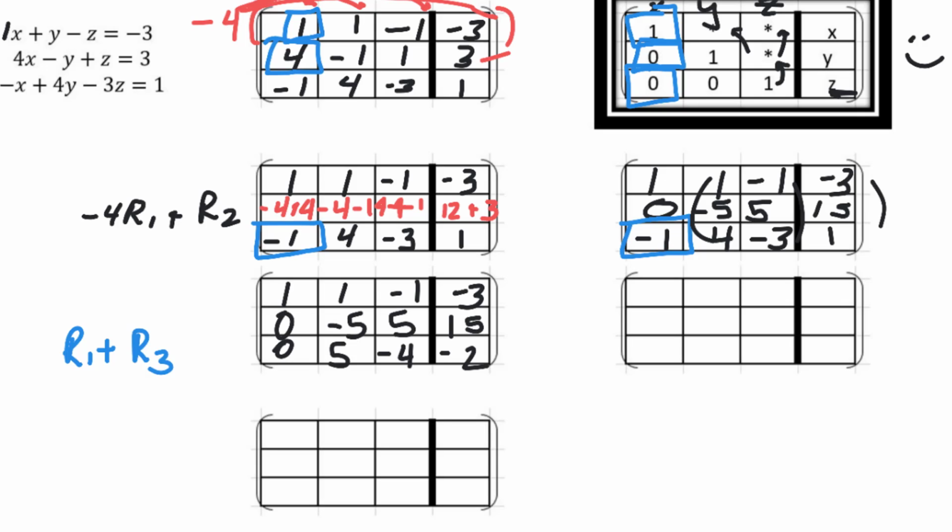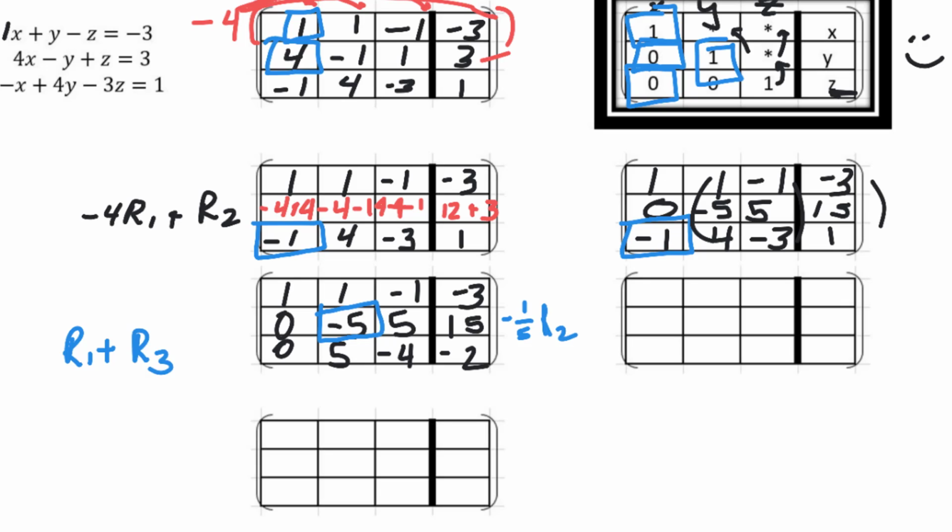All right, doing good. So far, so good. All right, the next one I would like to change is turn the negative 5 into a 1. And these are actually easier to do because anytime you want to turn something into a 1, you just simply multiply that row by its inverse.